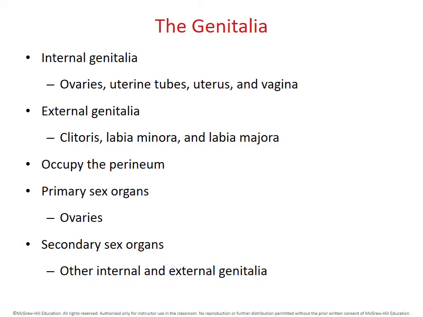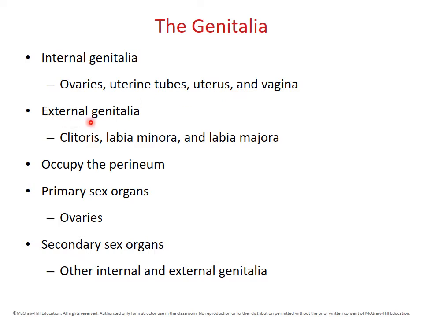The internal genitalia consist of things like the ovaries, which are the primary sex organs themselves that produce both hormones and gametes, the ova or oocytes. The uterine tubes or fallopian tubes, which carry the egg from the ovary to the uterus itself, of course, which houses the developing embryo/fetus, and then, of course, the vagina, which is designed to receive the male organ for internal fertilization.